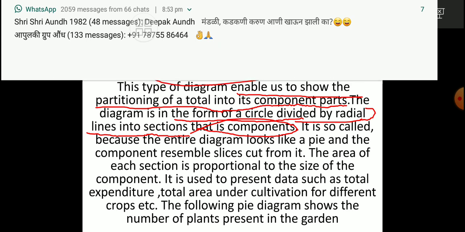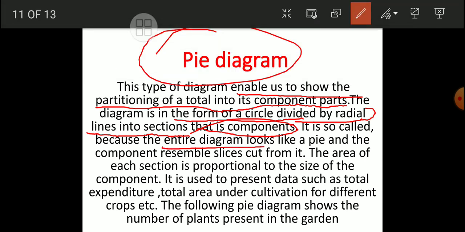It is so called because the entire diagram looks like a pie and the components resemble the slices cut from it. The area of each section or component is proportional to the size of the component.